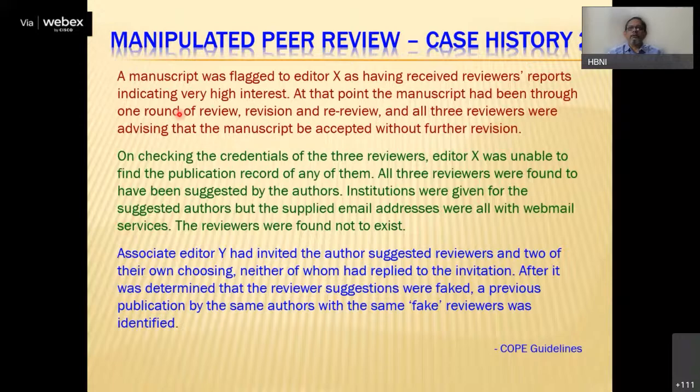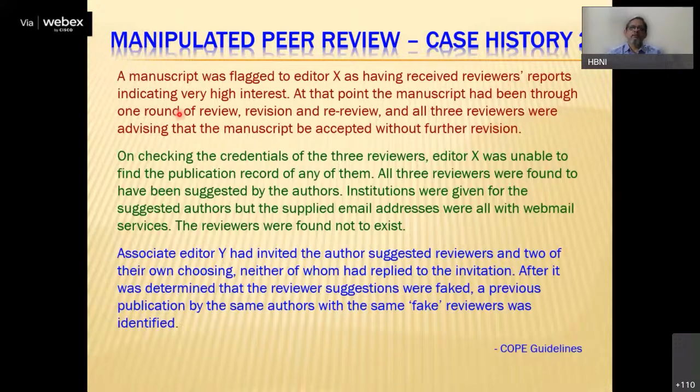Then there's another case where a manuscript was flagged to editor, we call him X, as having received reviewers' reports indicating very high interest.